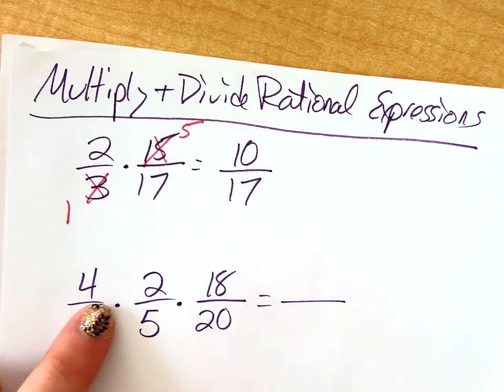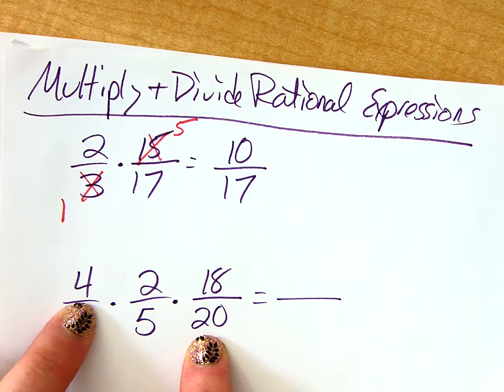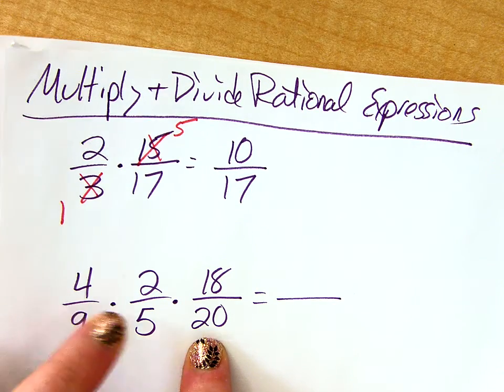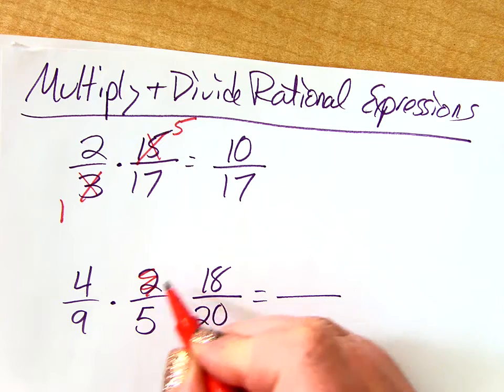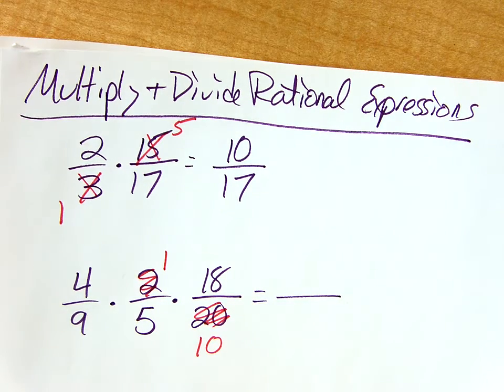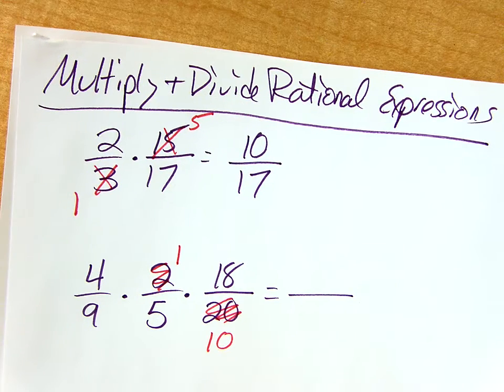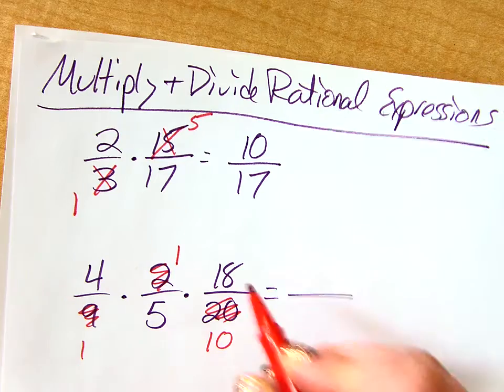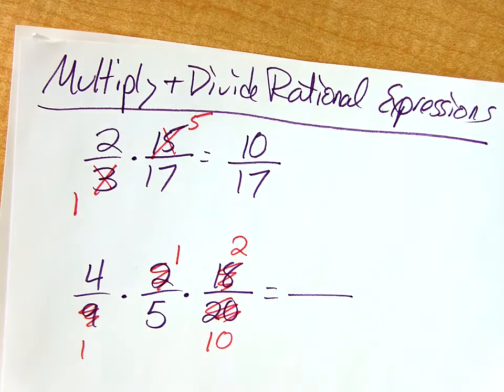Now, what if you had picked the 4 and the 20? It doesn't matter. If you pick 2 and 20, 2 goes into 2 once, 2 goes into 20 10 times. What else can I do? 9 and 18. 9 goes into 9 once, 9 goes into 18 2 times. Keep going.